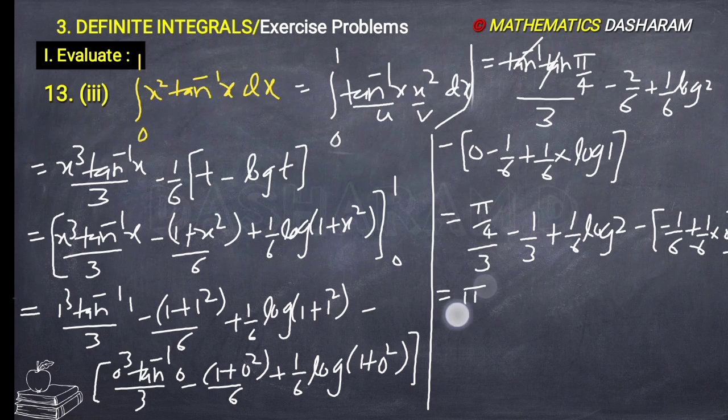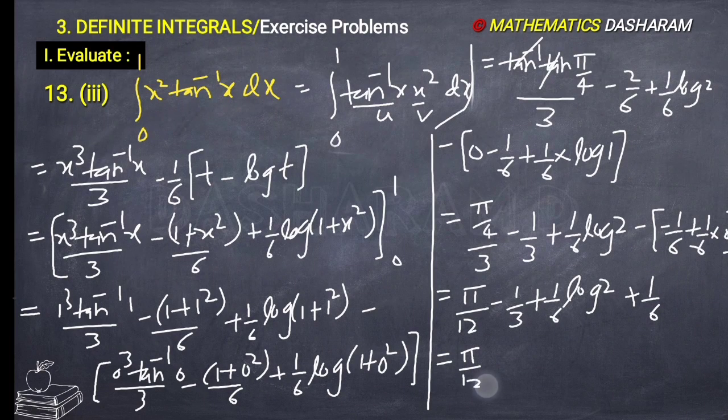So pi by 4 into 3 is 12, minus 1 by 3 plus 1 by 6 into log 2, and plus 1 by 6. So pi by 12 plus 1 by 6 into log 2 minus 1 by 3 plus 1 by 6.